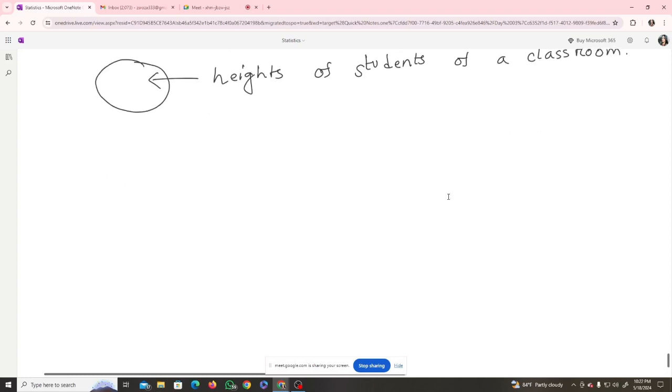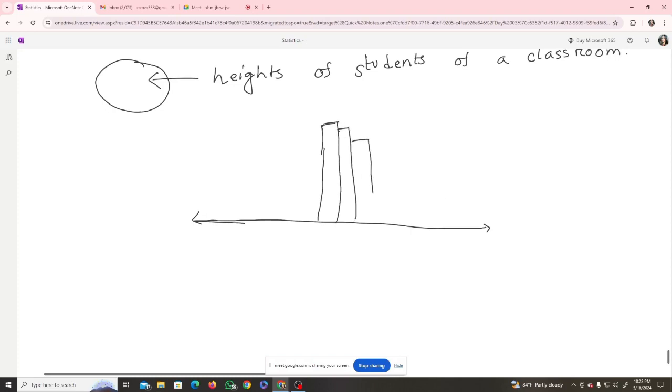And now we want to draw a histogram on that. So suppose I'm drawing a histogram. Similarly, on this side, we're just taking random values and assuming that we have such values, alright?